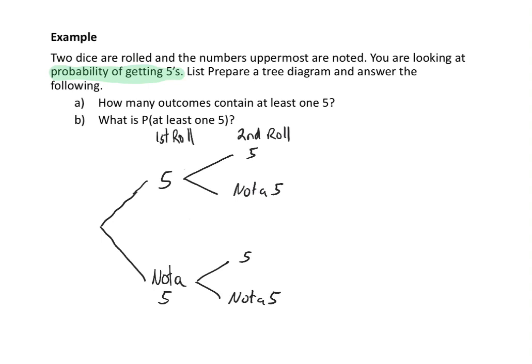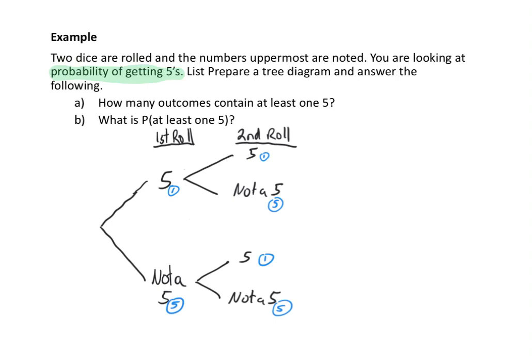So that is a much more manageable tree diagram to then go ahead and answer my questions. So on my first roll, I have one outcome of getting a 5 or 5 outcomes that's going to get me not a 5. On my second roll, it's going to be the same. I'm going to have one outcome that gets me a 5 and 5 outcomes that get me not a 5.